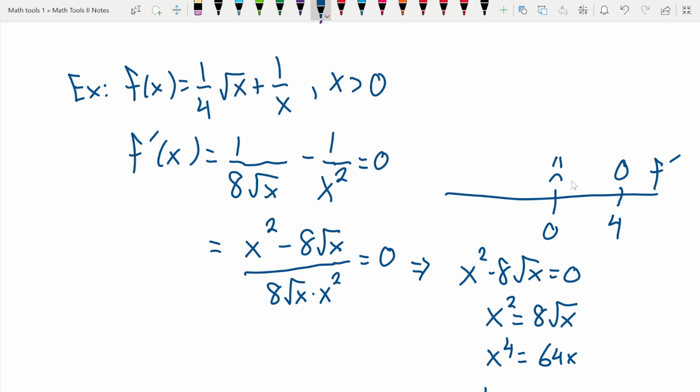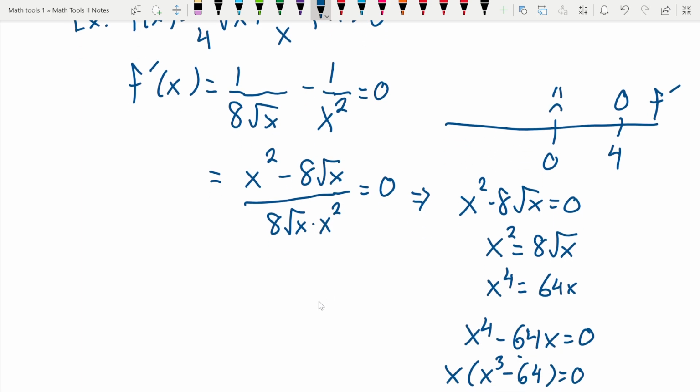So we're going to test points in every interval this time instead of relying on it alternating. Now we don't need to look to the left of 0, of course, because that's not even in our domain. Okay, so we can just forget about that. So let me just X that out. But we do need to look between 0 and 4 and then 4 onwards.